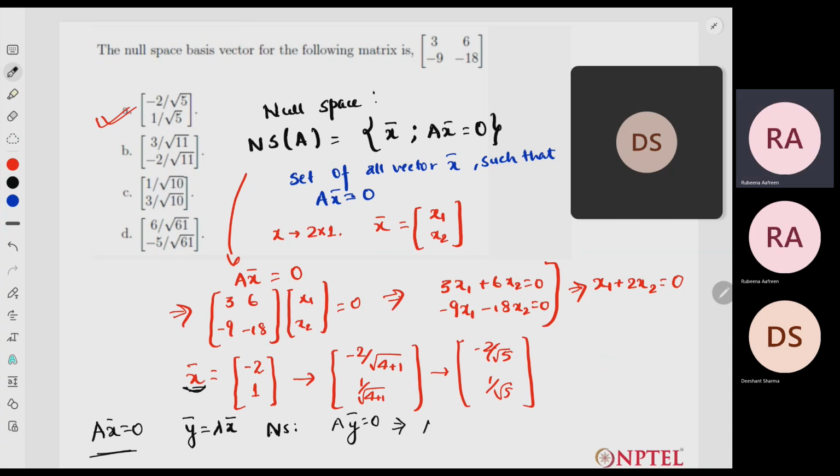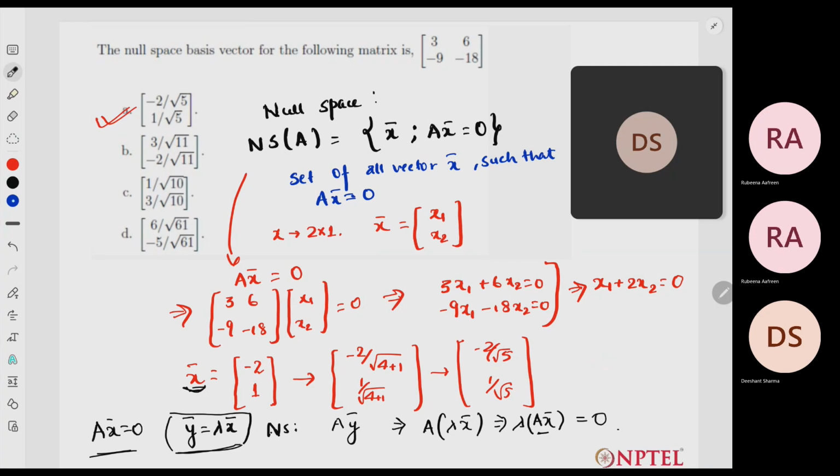And if we put the value of y, A times lambda x, this we are trying to find out. So since lambda is a constant, we can take it outside. This is lambda times Ax. So Ax is 0. So if we have a multiple of x also, then it will be a null space.